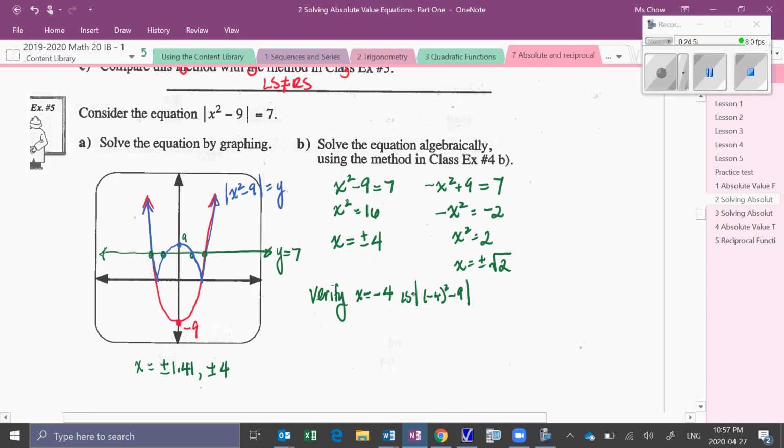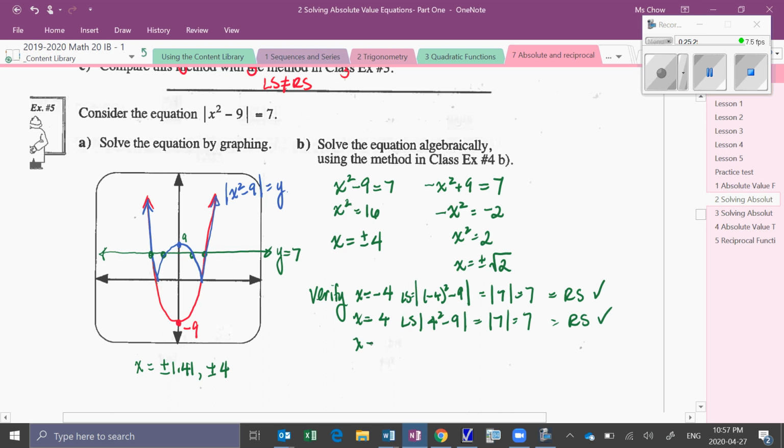So I should write LS is equal to the absolute value of 16 minus 9, so absolute value of 7, which is of course 7, which is also equal to the right side. So that's good to go. If we verify x is equal to 4, then the same thing is going to happen because we square 4, 16 minus 9, which is again absolute value of 7, which is 7, which is our right side. So that's all good.